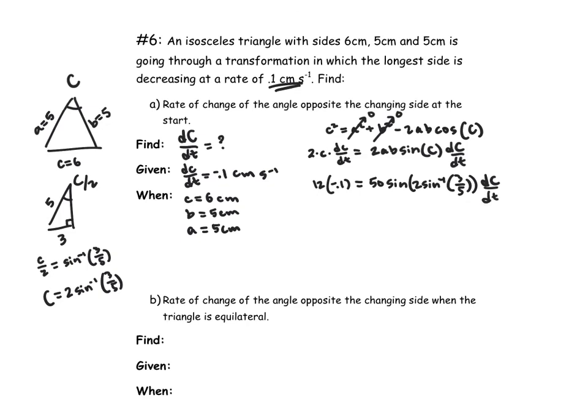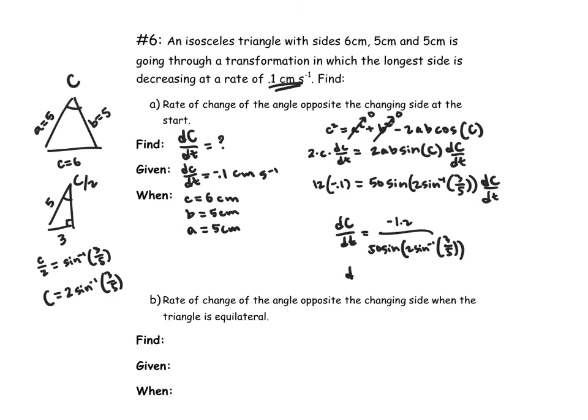Okay, so I've got a little bit of math to do here. I'm going to divide, and I'll put that formally in this form. dC/dt, negative 0.1 times 12 is negative 1.2 over this whole expression, 50 sine 2 inverse sine of 3/5.